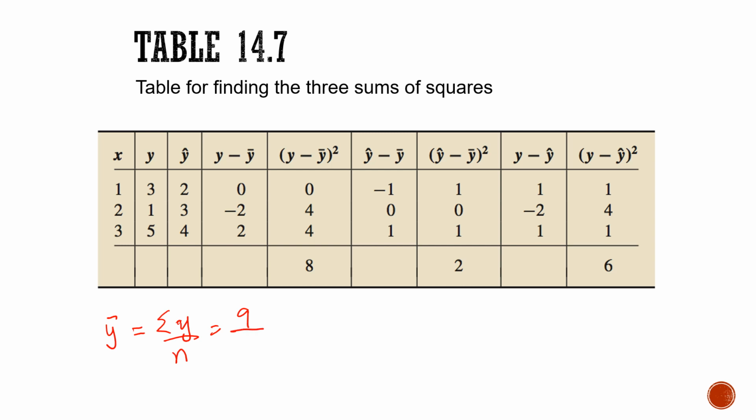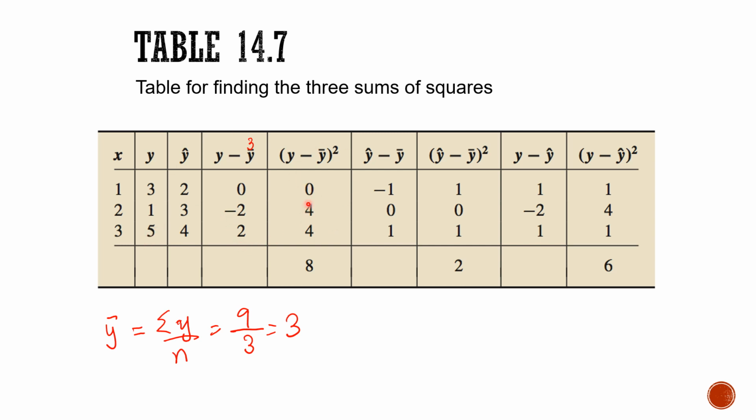So 9 over 3 is a 3, correct? So y bar is 3, and we have to go and subtract that value from each of these individual y values. So 3 minus 3 is 0, 1 minus 3 is negative 2, and 5 minus 3 is a positive 2.